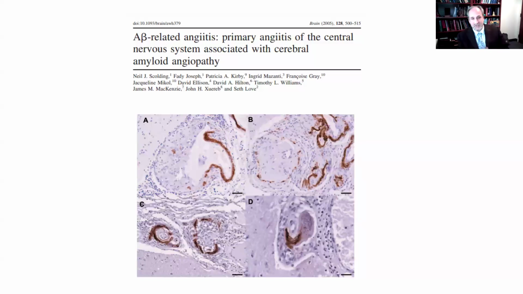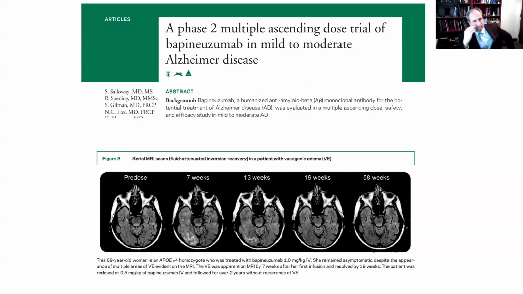So it's interesting that if we have the hypothesis that this is immune mediated, one is antibody driven, which is the design of the antibody treatment, the other is endogenous, perhaps a similar pathogenic process.